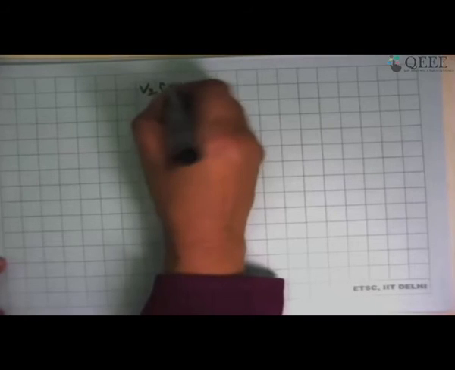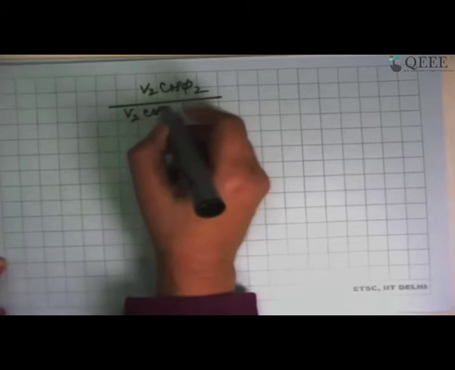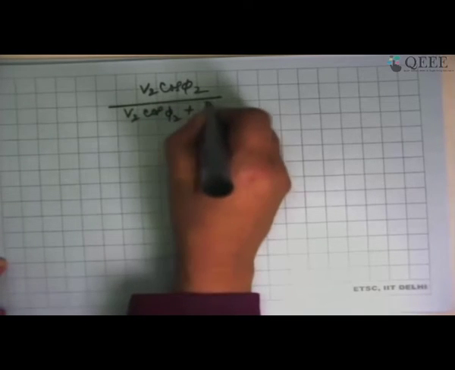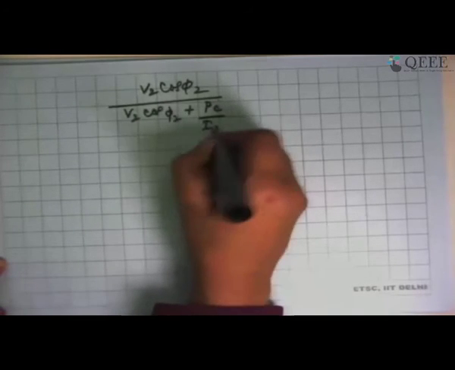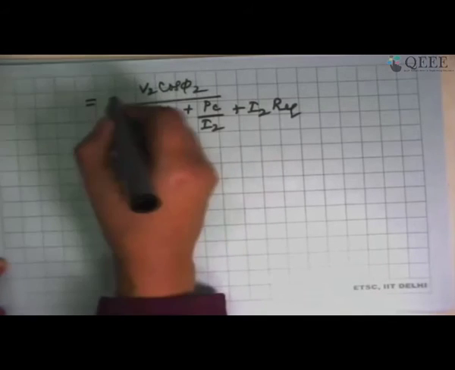Let me write it again. I have efficiency equal to V2 cos phi 2 divided by V2 cos phi 2 plus PC divided by I2 plus I2 R equivalent.